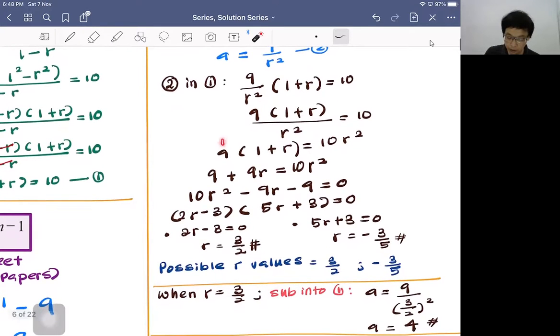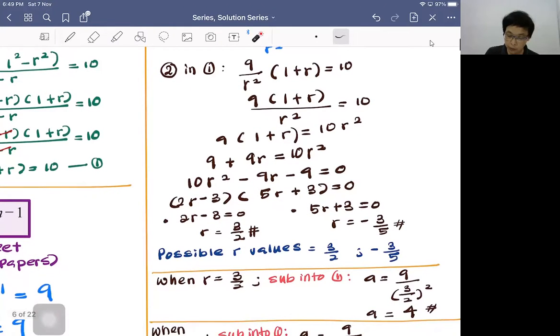Then from here, we expand the bracket in order to get this statement, 9 plus 9r. Then we form a quadratic equation and equate it to 0. Therefore, we move all the components over to one side, and then we have formed a quadratic equation.